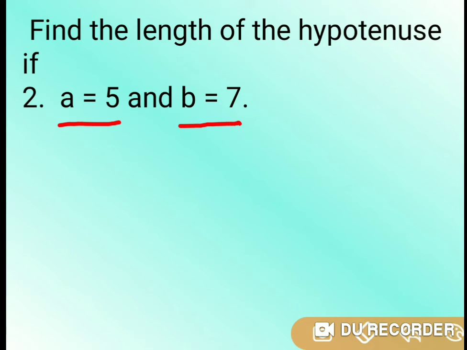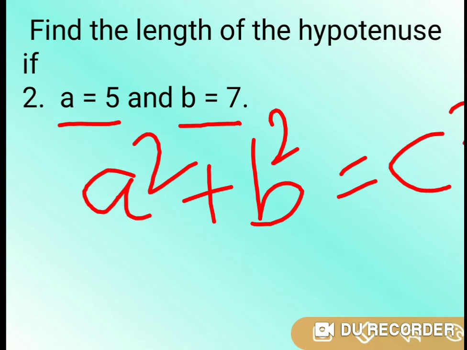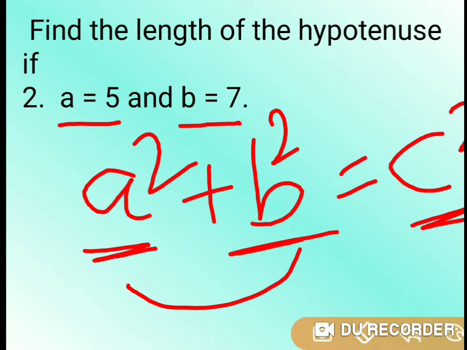The rule will remain the same: a square plus b square is equal to c square. The square of the hypotenuse is equal to the sum of the squares of the remaining two sides, as per the Pythagoras theorem.